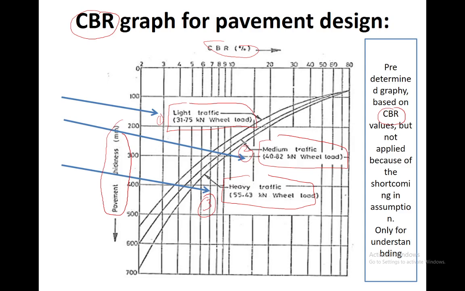On the basis of CBR value, for example, before we learned that if we have the other thickness layers, it is possible to determine the subgrade level, that is, how much subgrade level it should have.